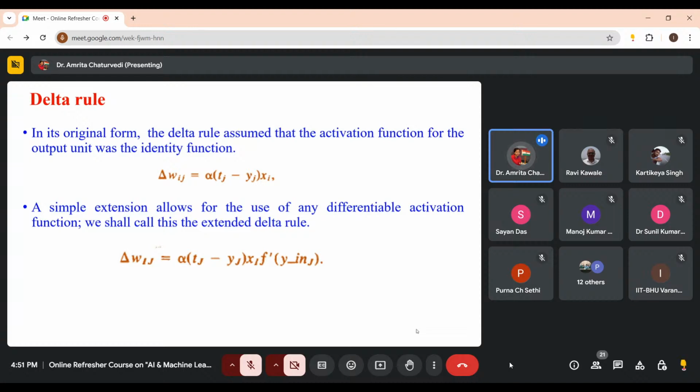In the existing equation, you add another term, that is f dash of yinj, the first order derivative of your activation function. So delta Wij now becomes alpha into (Tj minus Yj) into Xi into f dash of yinj. This is your delta rule. So there are two rules, the outer product rule and the delta rule, to calculate the change in weight.